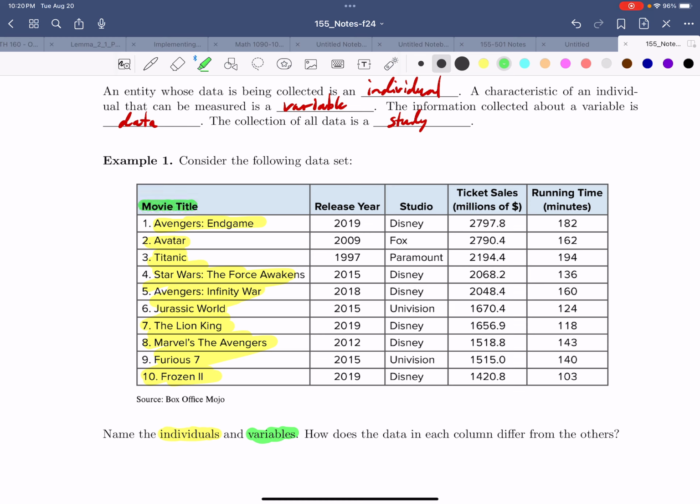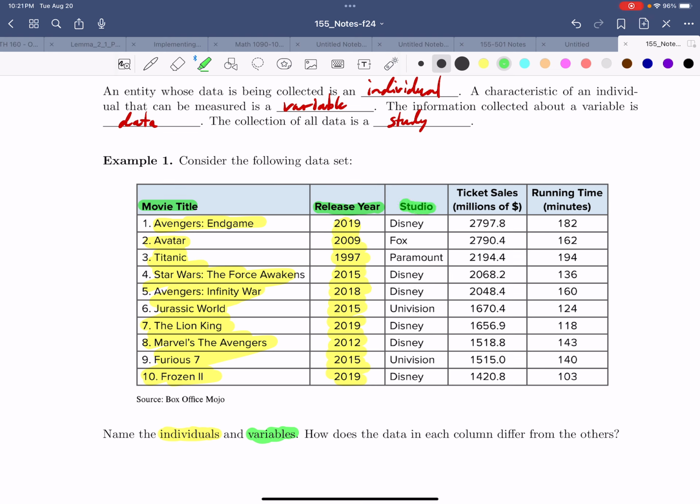That's the variable, right? Movie title is the variable. It varies. The actual individuals are the movies that we're considering. The variable is the release year category, right? That is what varies depending on the movie that was chosen.